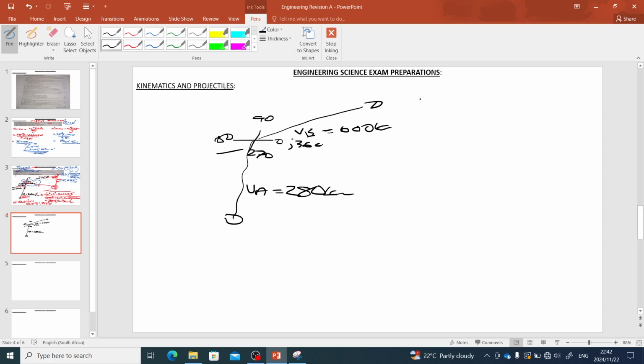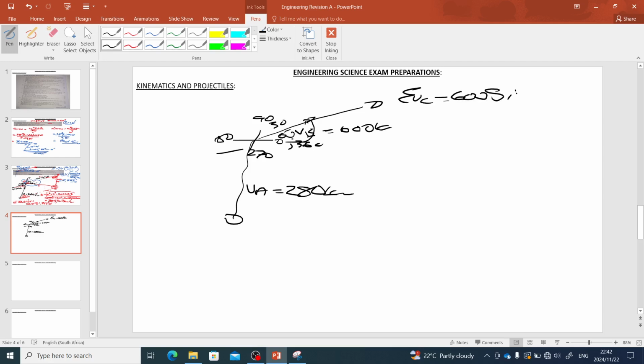In using the resolving method or the vector method, we are looking for the magnitude of your vector and its position. We'll start from 0. The angle here is 60, then that's your 30. We start from 0, we look for those vectors. 0, boom, we found our first vector. The magnitude of your vector is 600.